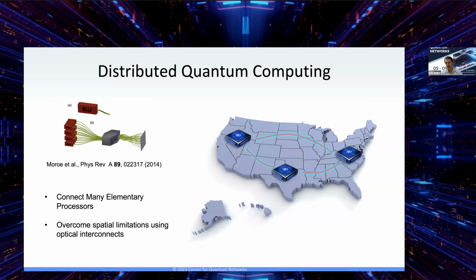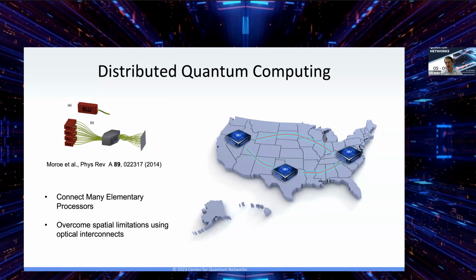And in order to get beyond those limits, the idea is that we use optical interconnects where the communication over those optical interconnects proceeds through quantum teleportation, the same way we transmit quantum information over a network.